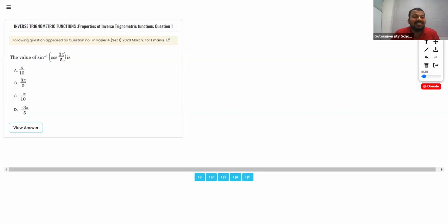The value of sine inverse cos of 3 pi by 5. So how are you going to tackle it? Let me solve one question, then we will look into the next one. So sine inverse cos of 3 pi by 5. It will be very good if we have sine inverse of sine theta, because we know sine inverse of sine theta is going to be theta.